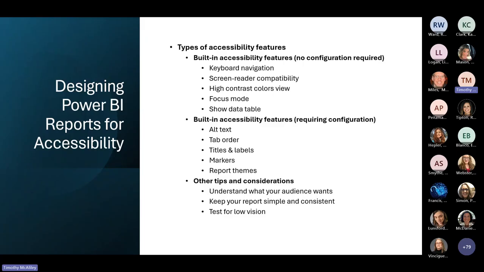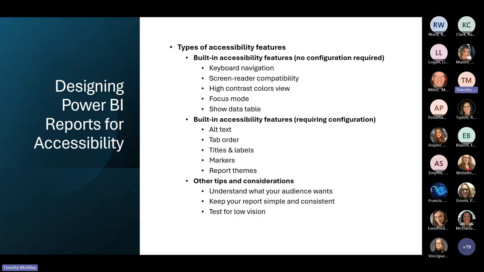So you can really get a focus on that visualization. Or you can do show table or show data table, which takes the visualizations on a report page, instead of showing them as pie charts or bar charts or clustered column charts, and shows them all as tables.